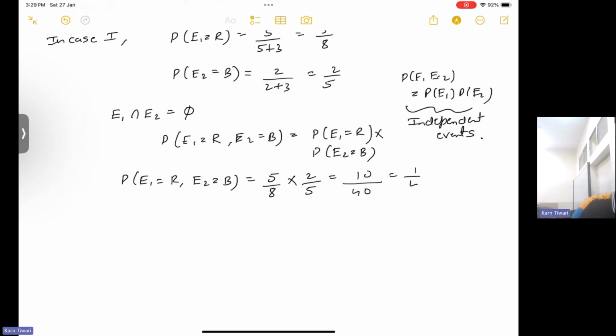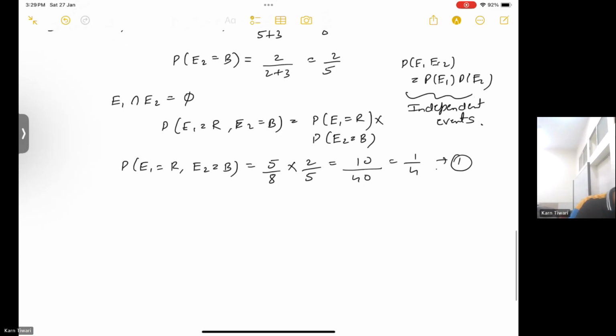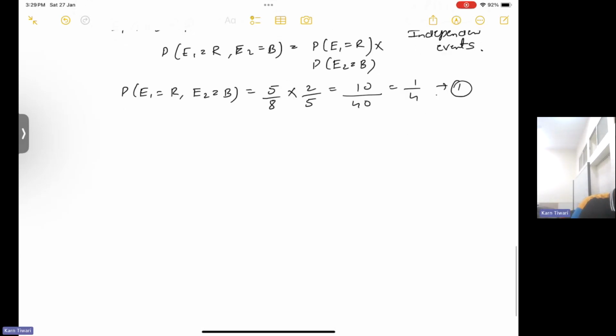This is just simply 1 by 4. Okay, so that was the first case. Let's take case 2.